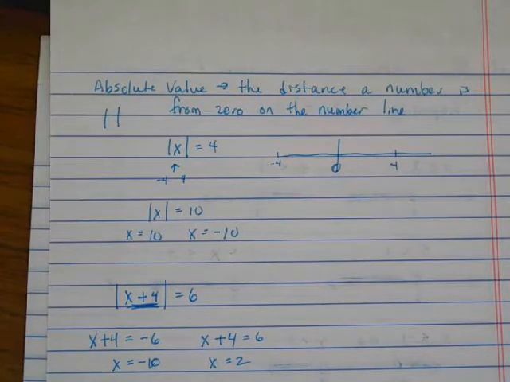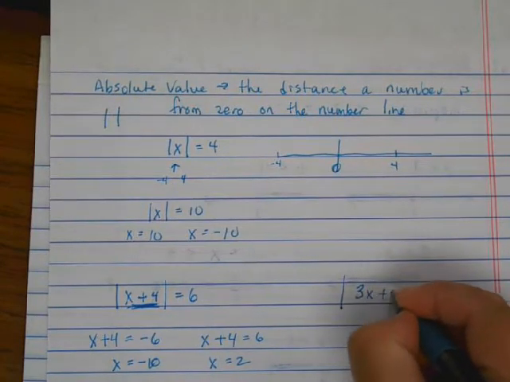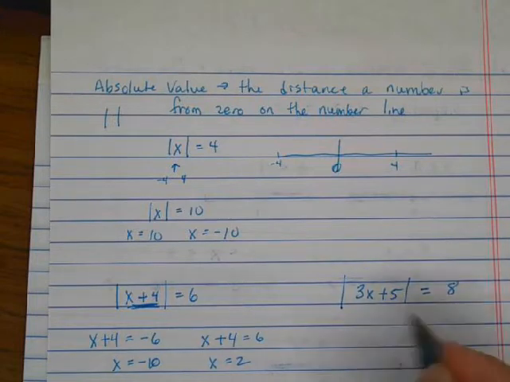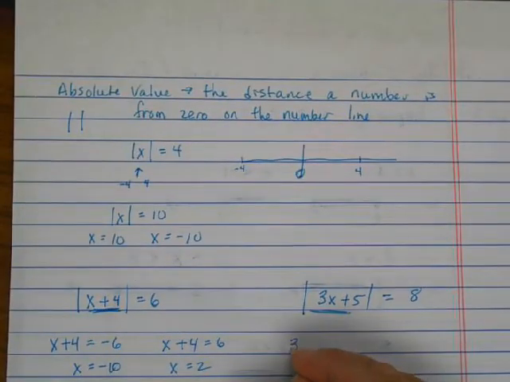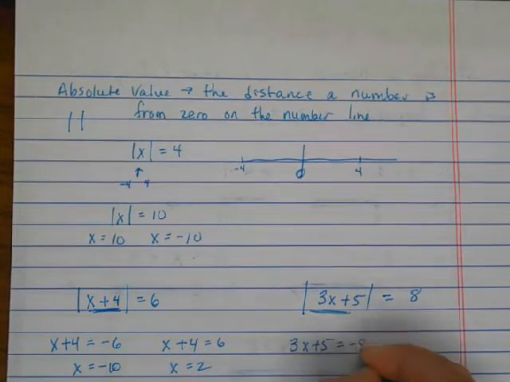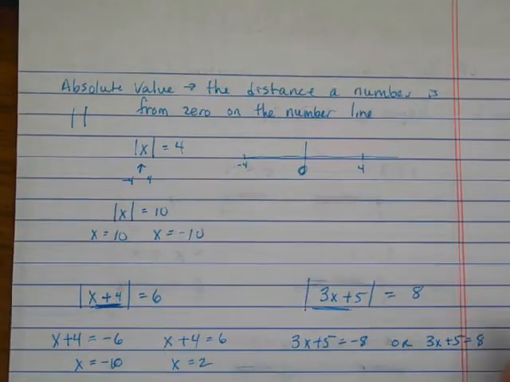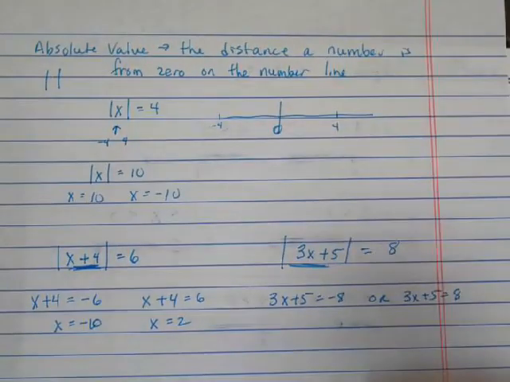Let's do another one. Absolute value 3x plus 5 equals 8. So what's inside these absolute value bars could be 8, or what's inside those absolute value bars could be -8. So 3x plus 5 equals -8, or 3x plus 5 equals 8. Now I'm ready to solve. So I'm going to start by subtracting 5.